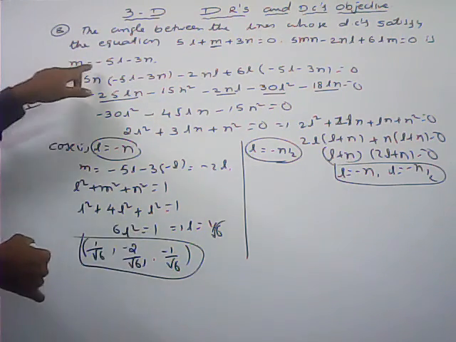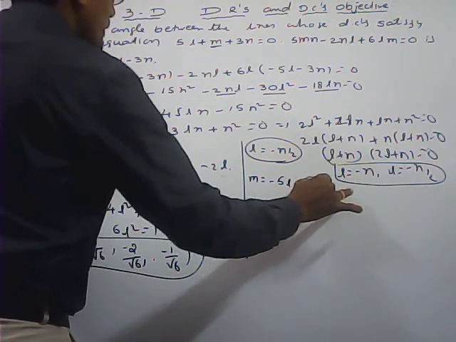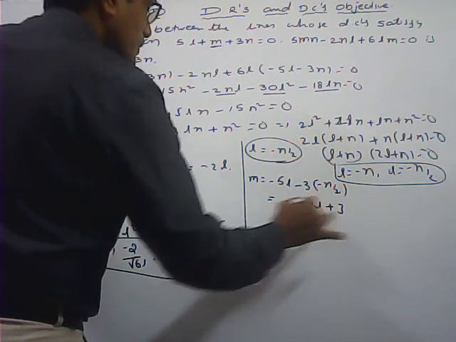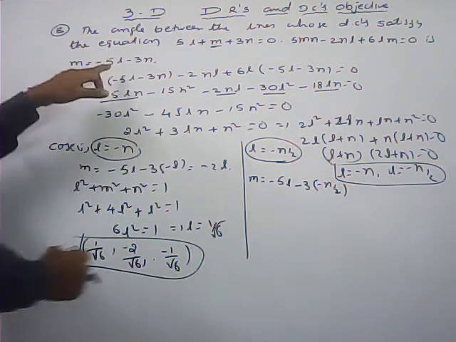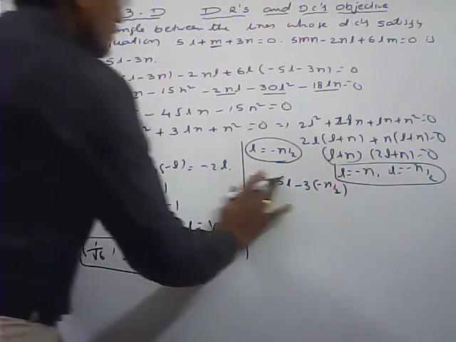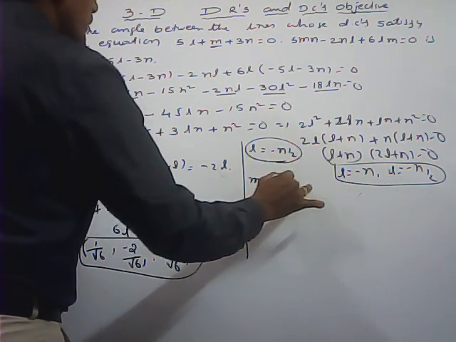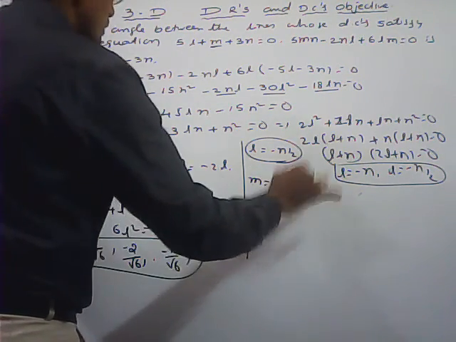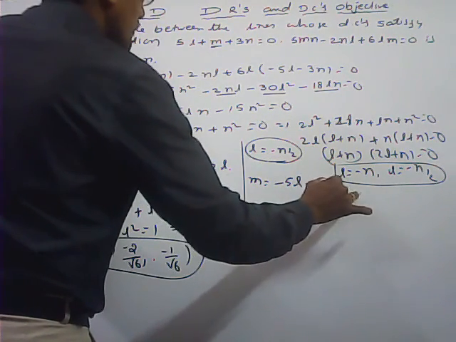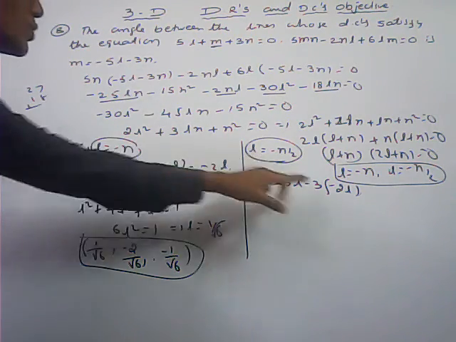Then m is equal to minus 5l minus 3 into n value, n is minus 2l.